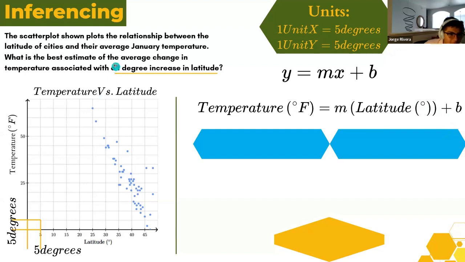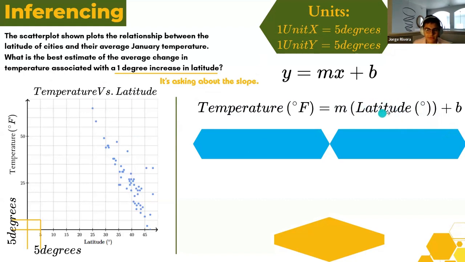So what is the average change in temperature associated with a 1 degree increase in latitude? If the latitude over here goes up by 1, how much does the temperature go up by? We can see that this is asking about the slope, because this is the x value.